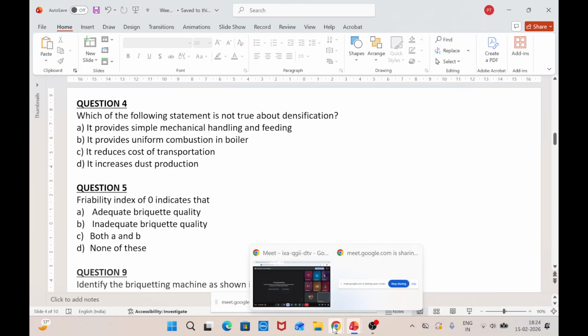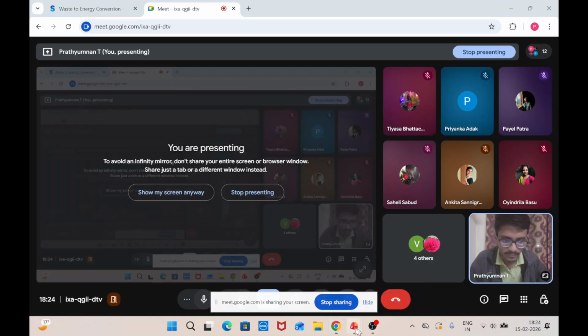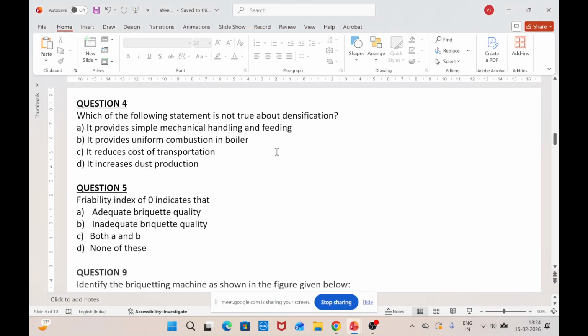Question 4. Any answers so far or no? What will be the correct answer?